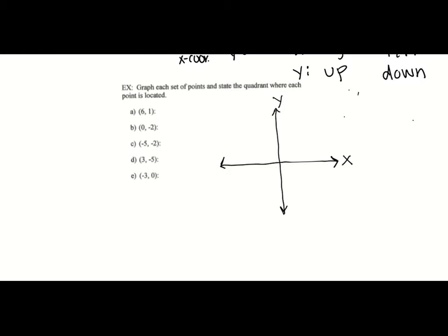So for point A, we have a positive X and a positive Y. We are going in the positive X direction, that means we're going to the right, and the positive Y, that means we're going up, that means we're going to end up in quadrant 1. And when we graph that, go over 6 to the right, 1, 2, 3, 4, 5, 6, and up 1. Our point A is going to be right about there.